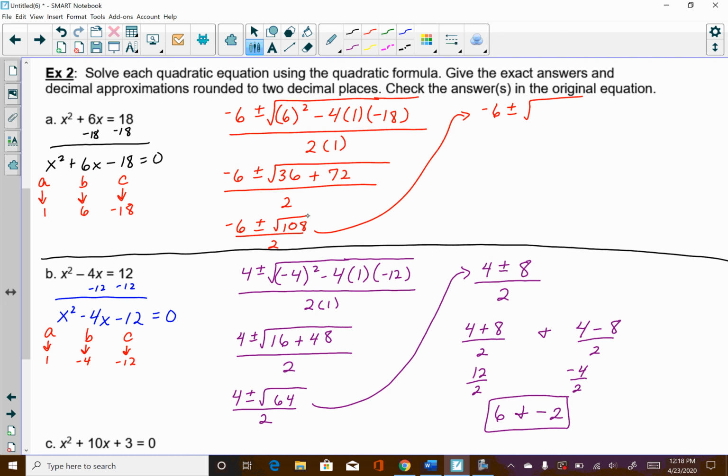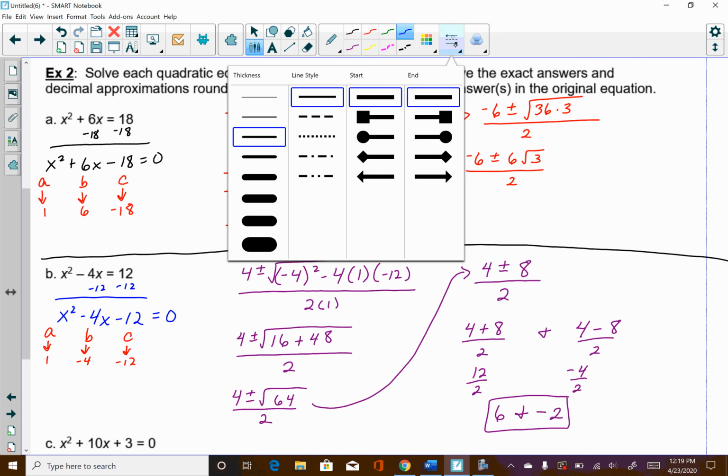But 36 will go into 108. 36 times 3. Remember, you look for the highest of those perfect squares that will divide evenly into the number underneath the radical. So now we know the square root of 36 is 6, so it comes outside the house. 3 stays inside, all divided by 2.